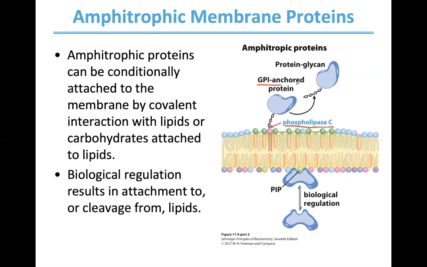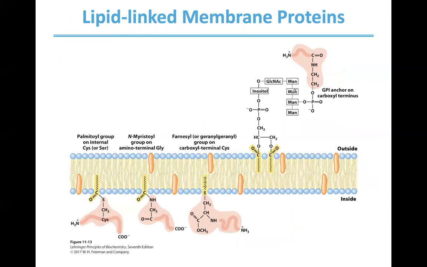So it's a GPI anchored protein, and here is the structure. If this is the protein, there are lots of amino acids here, and what we have here is the carboxyl terminus of the protein, and we have ethanolamine.